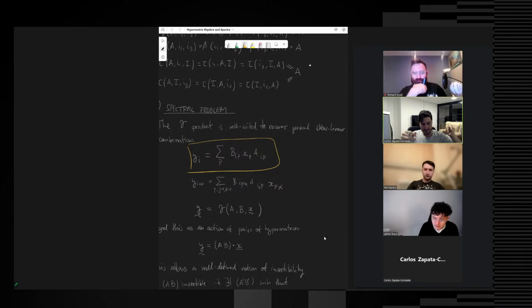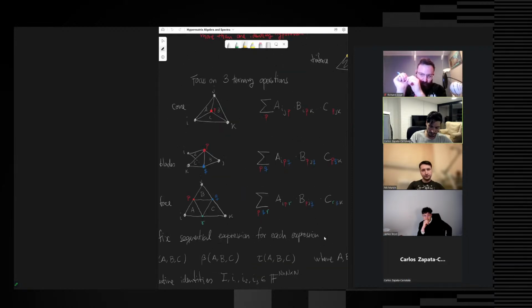So if you just enter 0 index values or 1 index value, some sort of single value in the missing indices, you can actually recover the gamma product. It's just an exercise of noticing that by putting j equals 0, k equals 0, this expression actually reproduces the expression above. And that expression is exactly the formula that we had up here for the cone product.